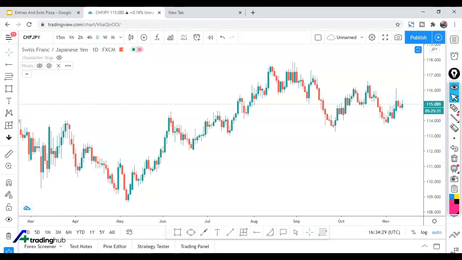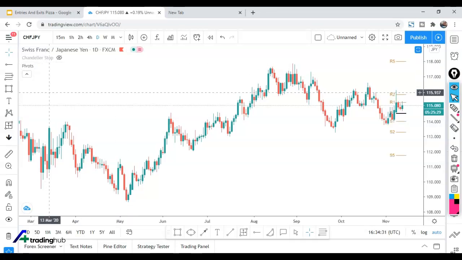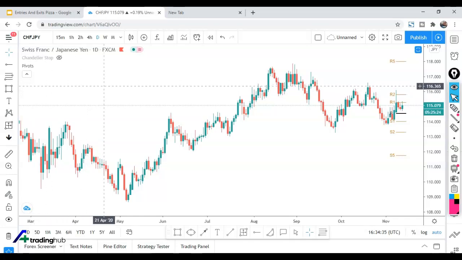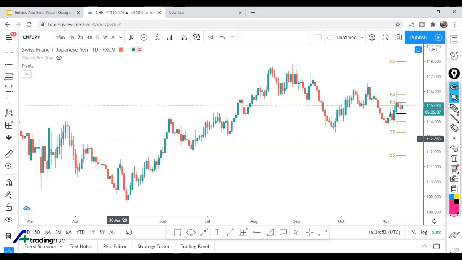Let's bring back the pivot. The pivot settings, you can use any of the settings you feel like. Personally, I'm giving you a hint already, I use the weekly pivots. I don't include the R3 and R4 and the S3 and S4 on my pivot for personal reasons, because I'm comfortable that way.